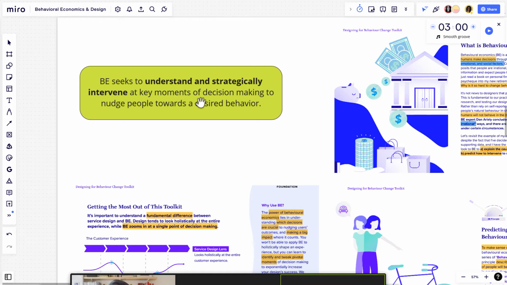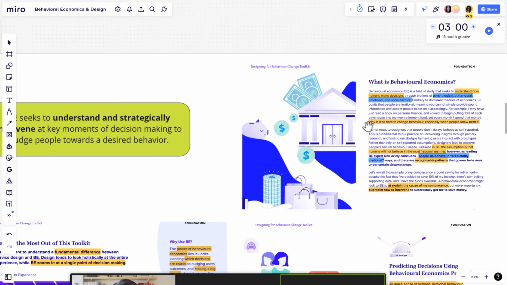So, first, understand why people are making certain decisions, and then how we can use science-based principles to help them achieve a desirable behavior. So that's in essence behavioral economics.